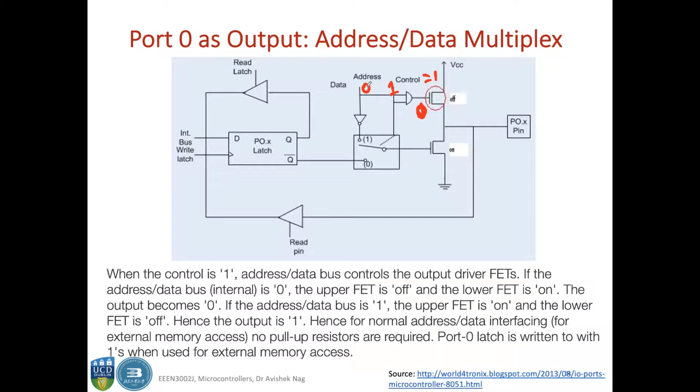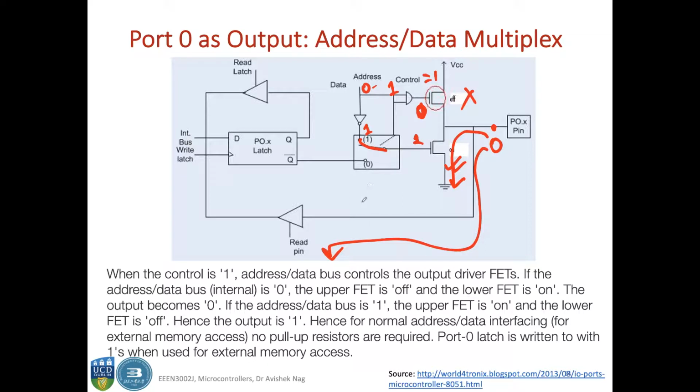Control 1, this one is 0. So this transistor is off, and here you have a 1 because of this negative logic. This circuit is complete because my control is 1, and we have a 1 here. So this transistor is on, and this point is pulled to ground, so this point is at logic 0. So if your address or data, whatever it is, is 0, then you can read a 0 from this pin.